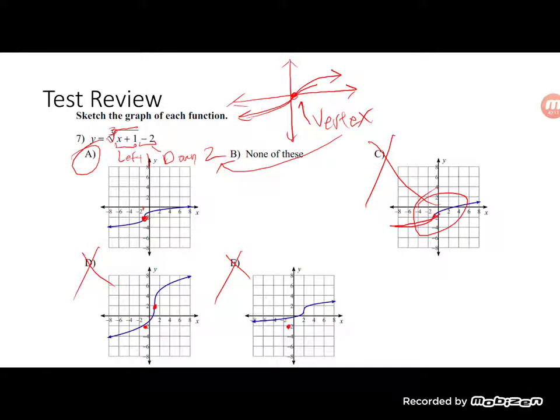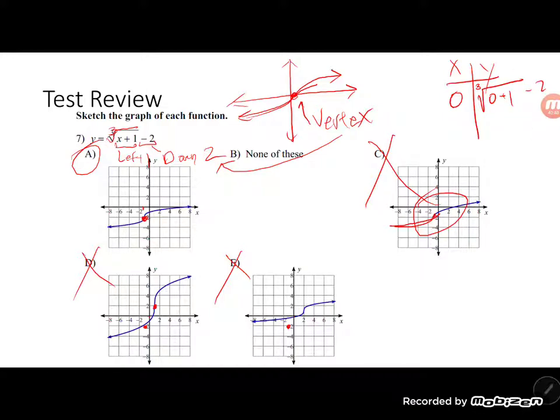Now, what's another way that you could verify this is your correct answer? Well, you could plug in some other numbers to here. So I could make a table, and I could plug in, let's say 0. And so calculating that would be the cube root of 0 plus 1 minus 2.